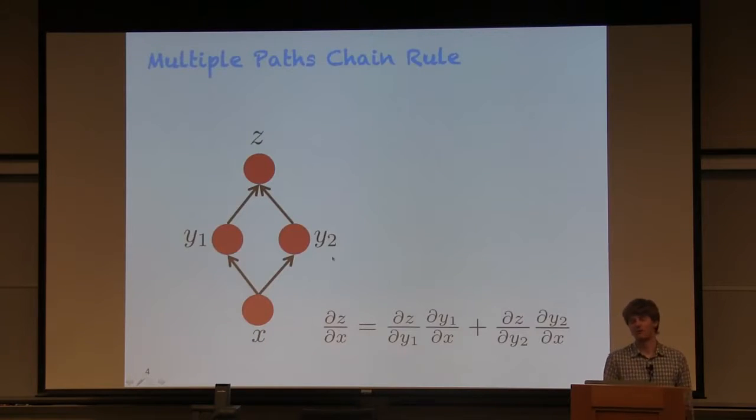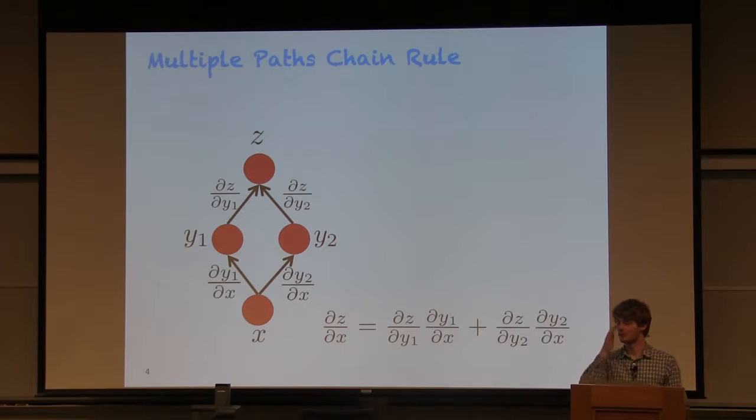In many cases we'll have multiple paths, and when we want to get through these multiple paths to a single input, we just sum up the partials with respect to each of the intermediate inputs. So again, it's just the computation fprop and backprop, or forward propagation and backpropagation.